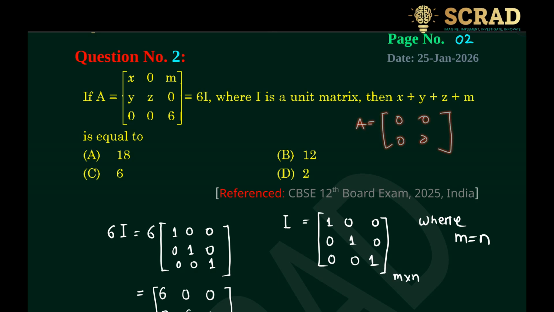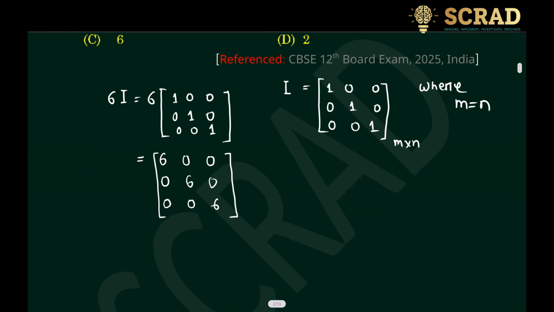If I want to make it equal with another matrix, suppose I have a matrix A, and it has elements like A11, A12, A13, and A21, A22, A23, A31, A32, A33.